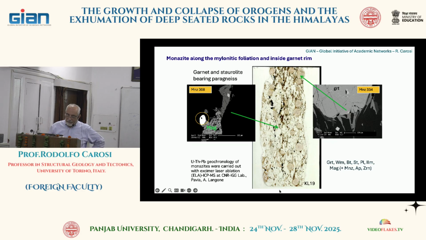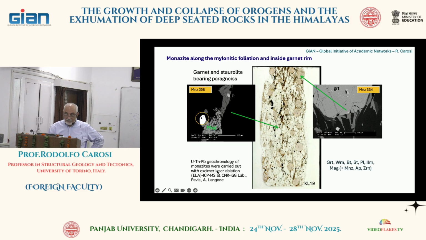We dated these samples, this section of the garnet bearing staurolite schist. You can see a beautiful garnet. We found monazite, this small crystal inside the garnet, and monazite along the main foliation. And we analyzed this monazite with the same methodology: chemical map, laser ablation, and ICP-MS connected.